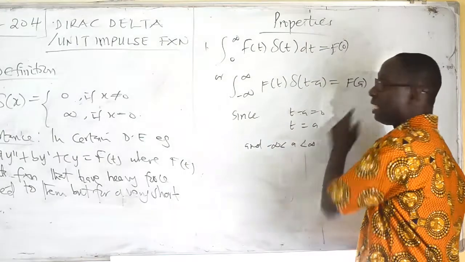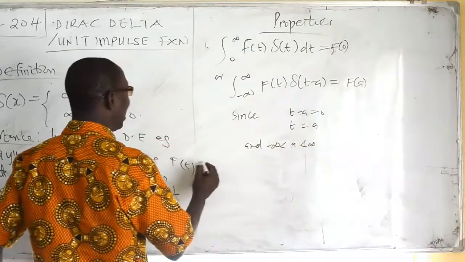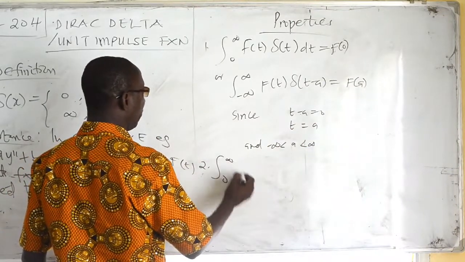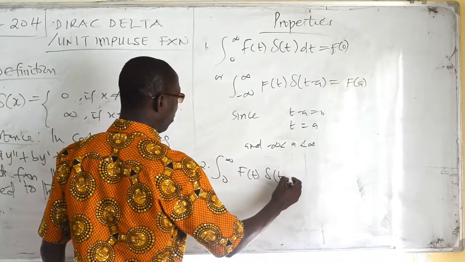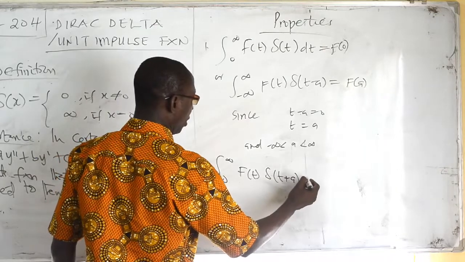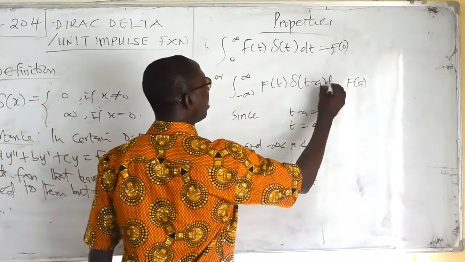Now, if you have a situation like this, let's say the integral from 0 to positive infinity of f of t times Dirac Delta of t plus a dt, I should have had a dt here.